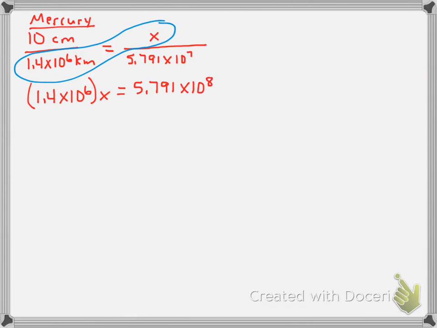Now how do we solve this equation? We want to get the x by itself, right? So what do we do? We divide by the 1.4 times 10 to the 6th power. So all that's left on the left side is x.